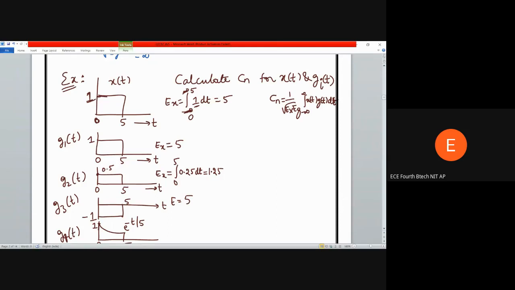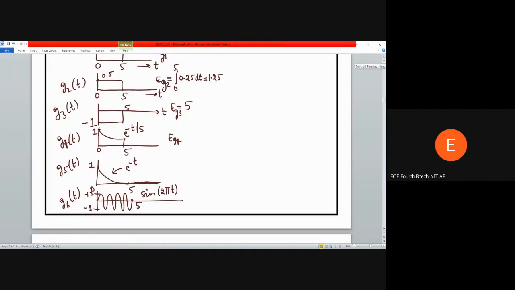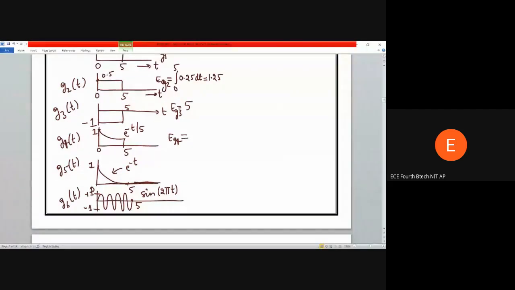Let me consider these as EG1, EG2, EG3, and even EG4 and EG5. I can write it over here because I already calculated it. EG4 will be 2.1617. You can try it. And even EG5 will be 0.5.